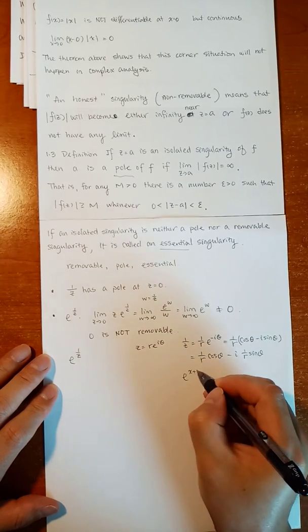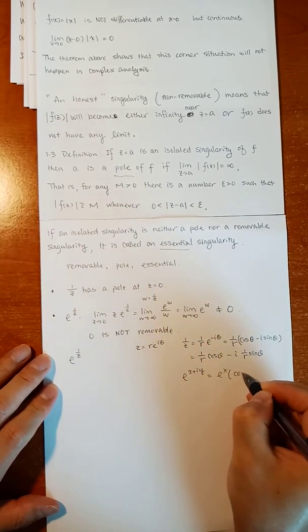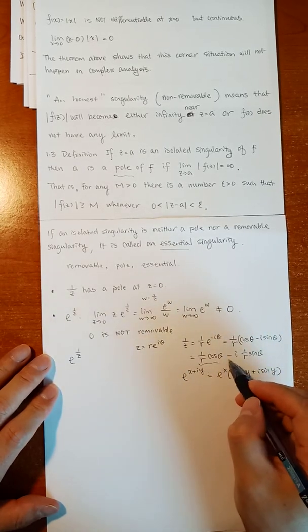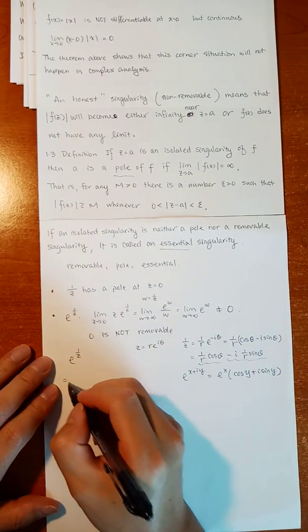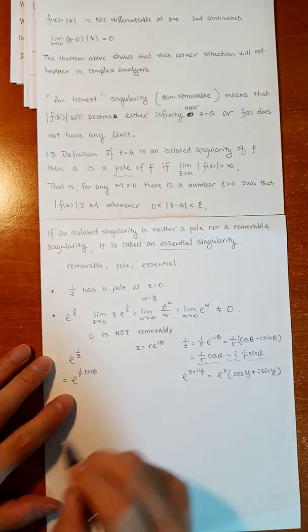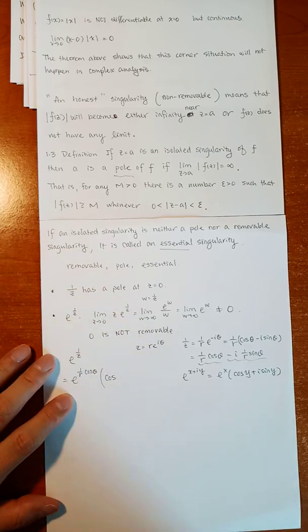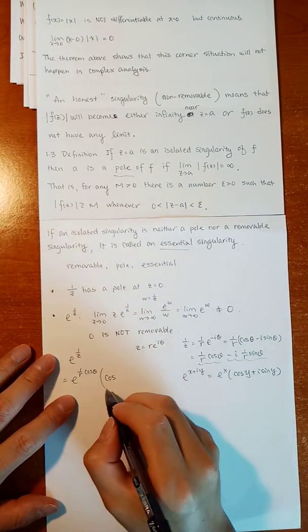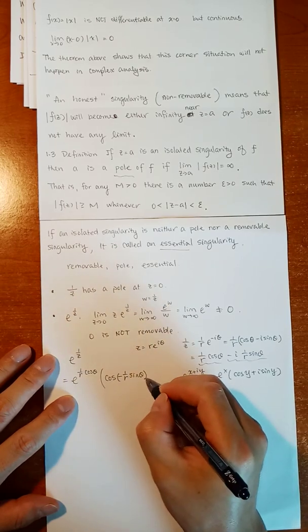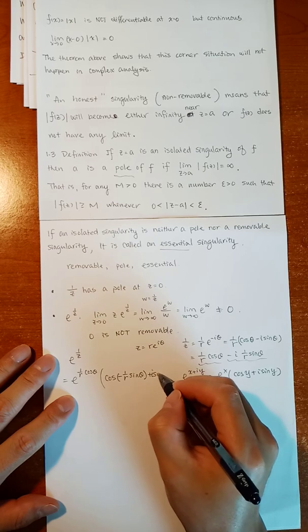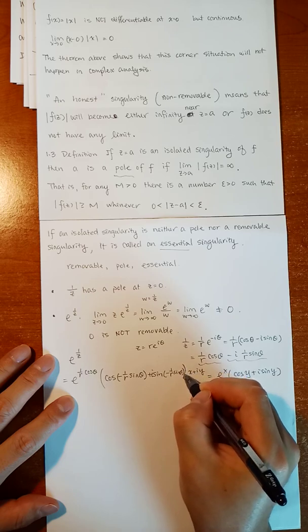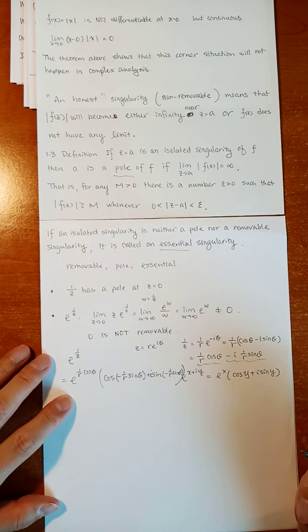Remember, e to x plus iy is e to x times cosine y plus i sine y. So this is x, this is iy. So it's e to the 1 over r cosine theta times cosine of negative 1 over r sine theta plus i sine of negative 1 over r sine theta.